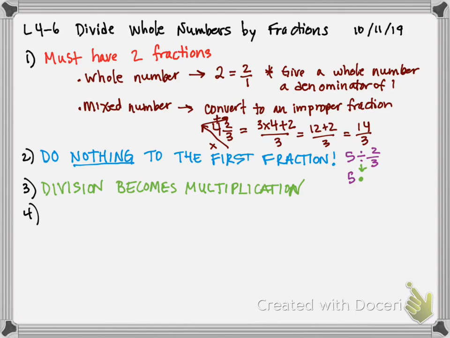Nothing happens to the first fraction. The changing begins after I do my multiplication. Then I have to change what comes after it. So we're going to take the reciprocal of the second fraction.